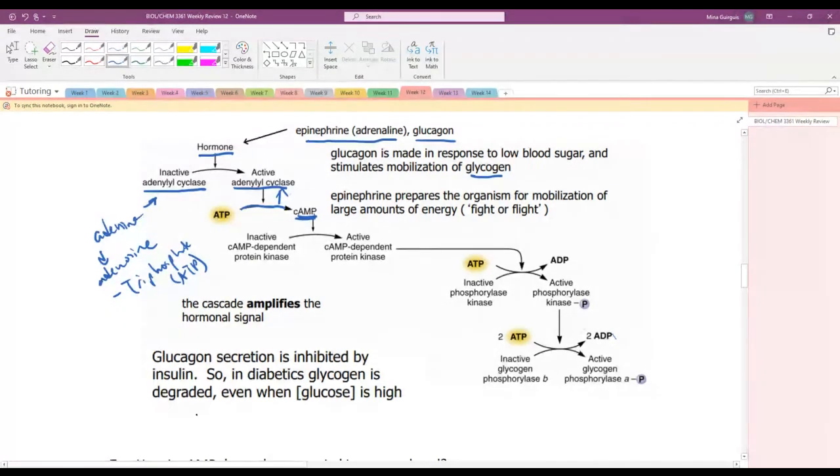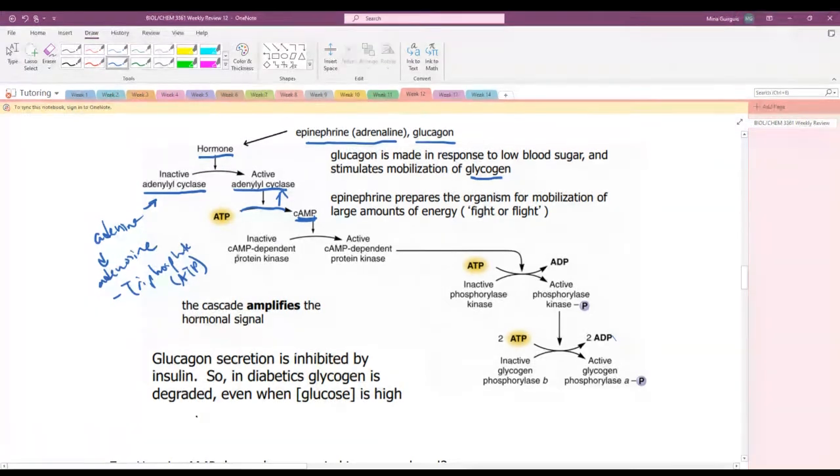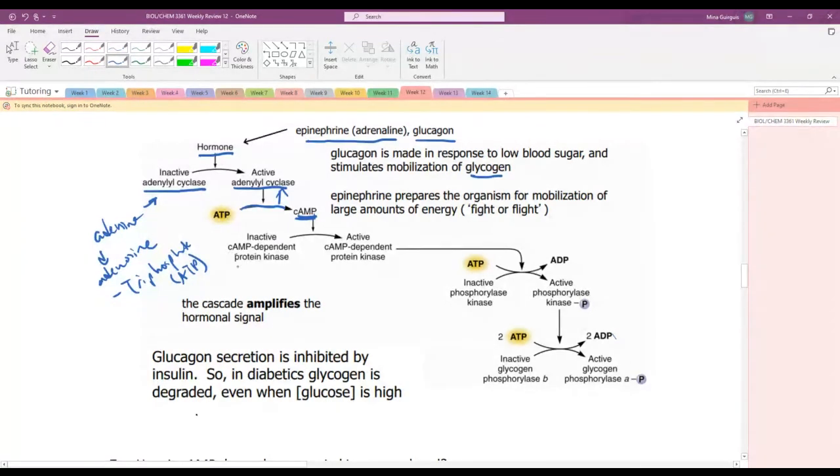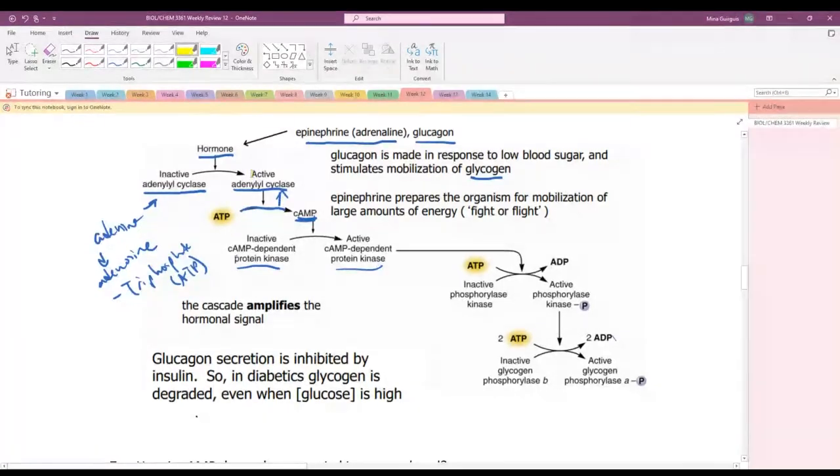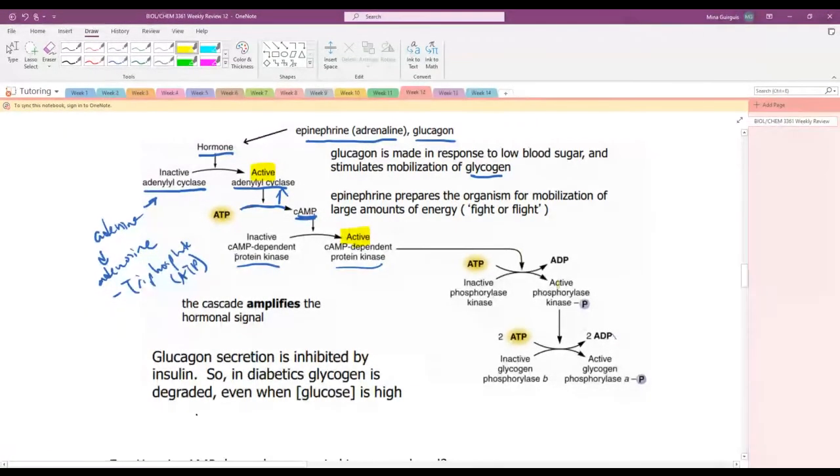Cyclic AMP, or as I'm going to start calling it because that's too long a name, cAMP, is one of those molecules that can trigger a protein kinase. And specifically, it triggers cAMP-dependent protein kinase. Okay, and it activates it, right? So active, and I'm just going to go ahead and highlight the last two since I know you guys can see them. It's always activating.